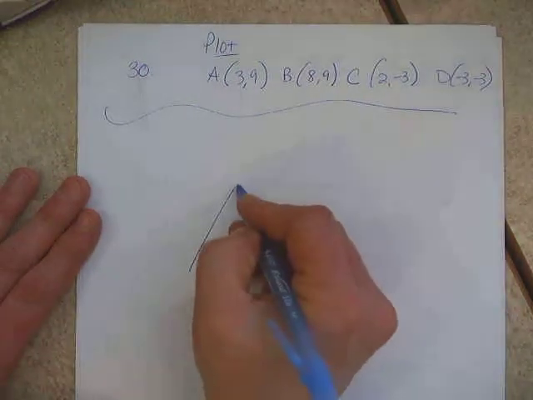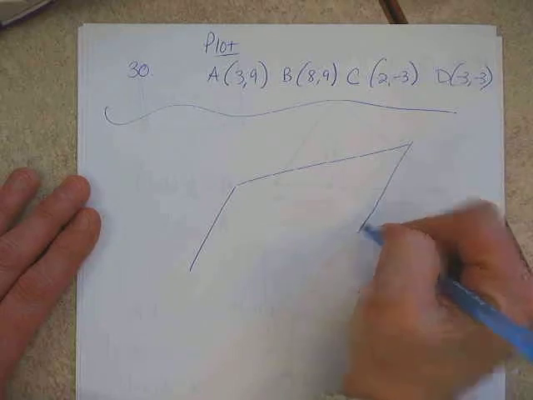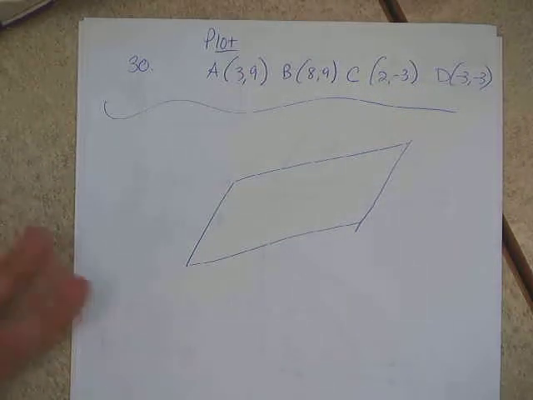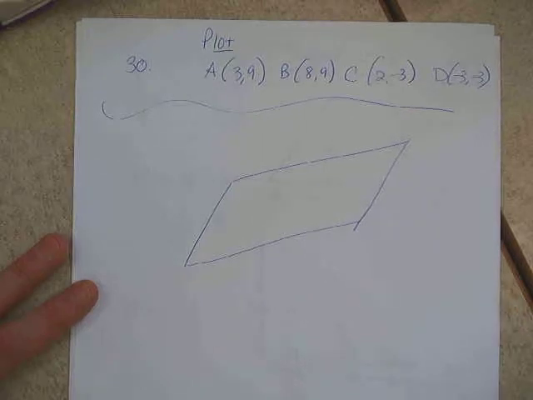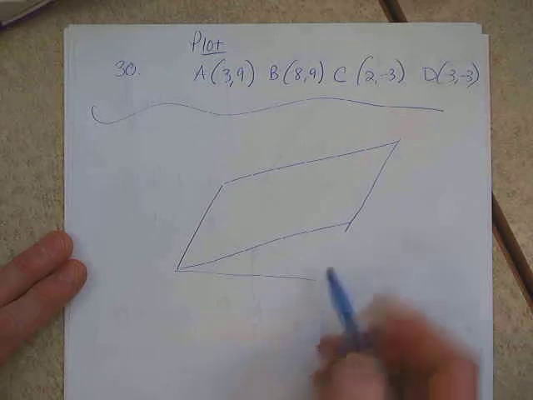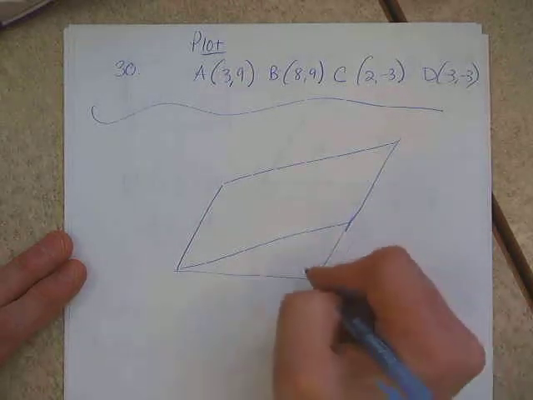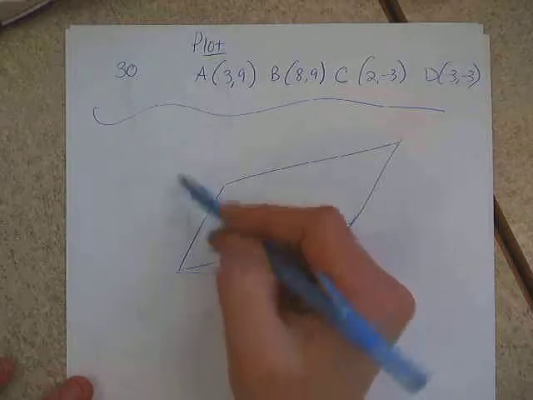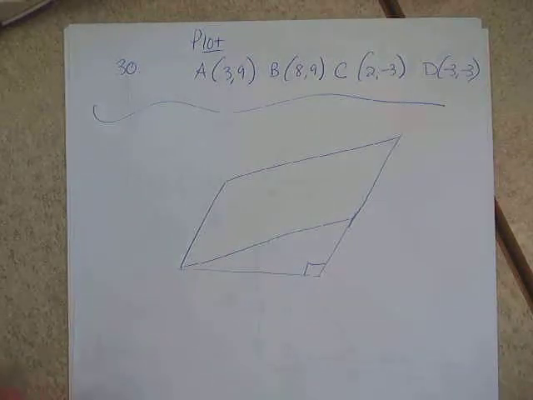Some of these, I'm not doing this one specifically, but you're going to have to plot these and find a base and height. So say I get something like this, all right? I believe you're able to get a perpendicular by extending it on the outside.